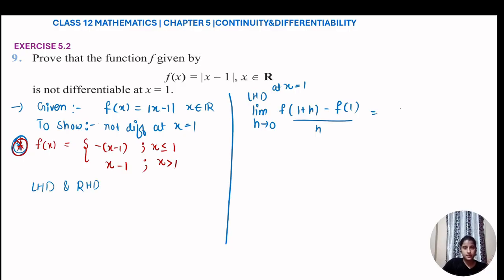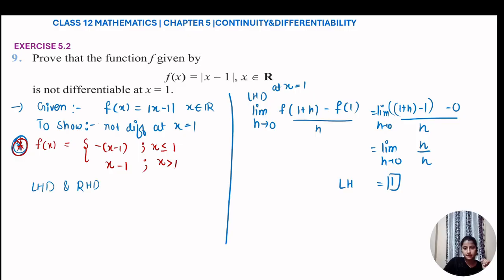So this value will be 1 plus h minus 1, and at x equals 1 your function value is 0. So minus 0, divided by h, where h tends to 0 positive. So this will be limit of h tends to 0 of h by h, and we see that this is 1. So our left hand derivative is 1.